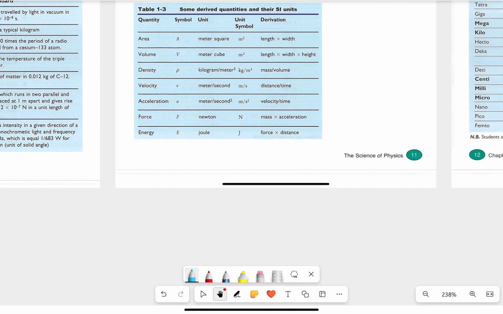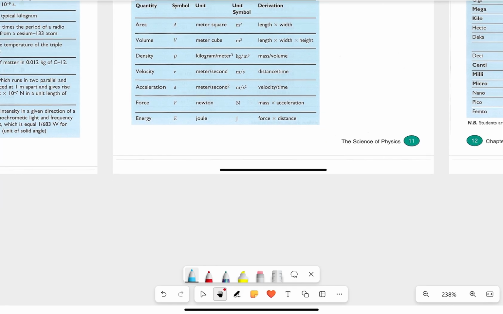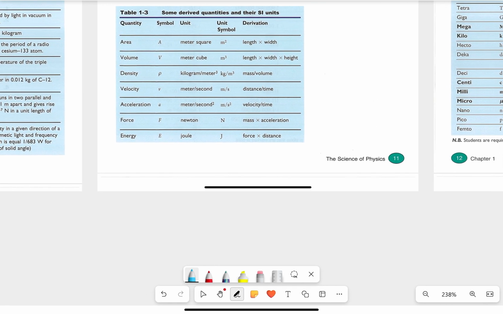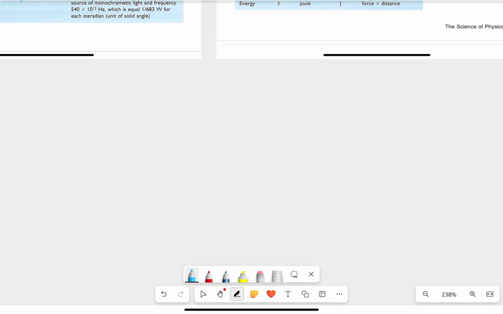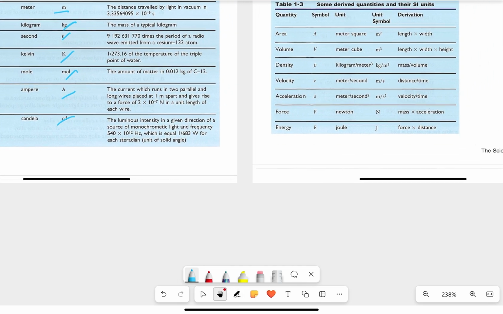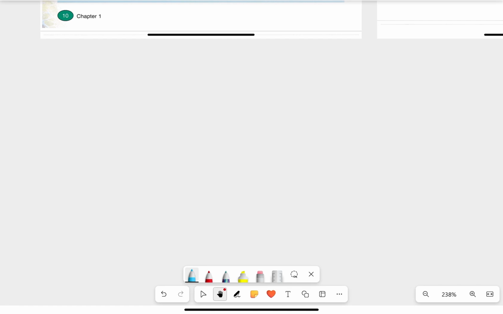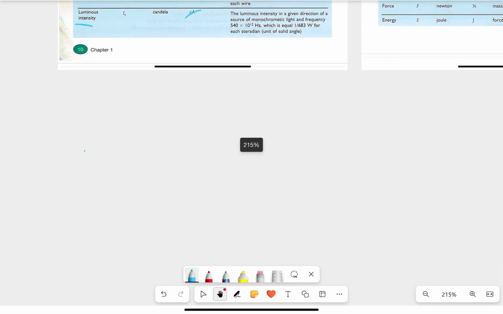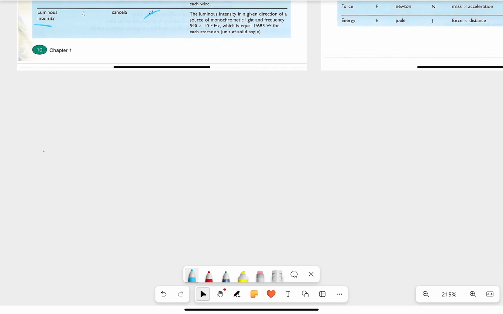You have several other derived quantities. You have area, for example. If your teacher asks you in an exam to derive the unit of area, you'll just say area is equal to length multiplied by width, okay?